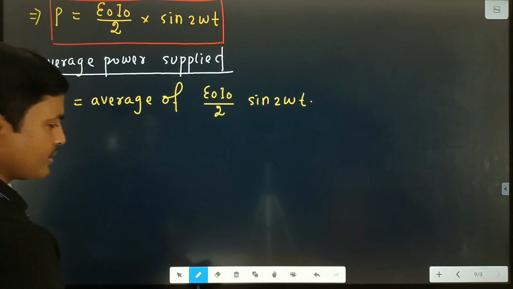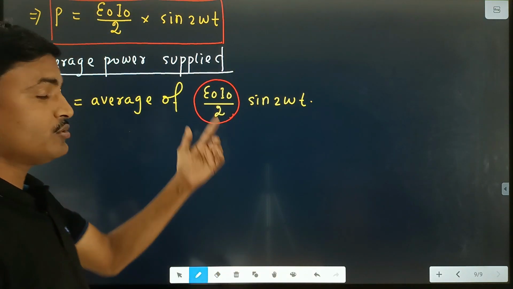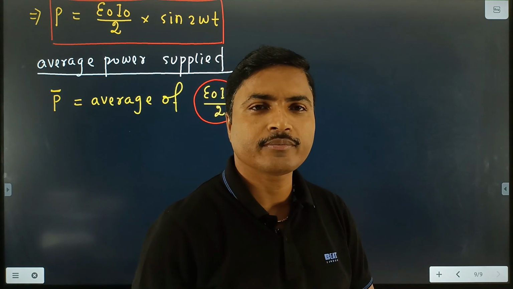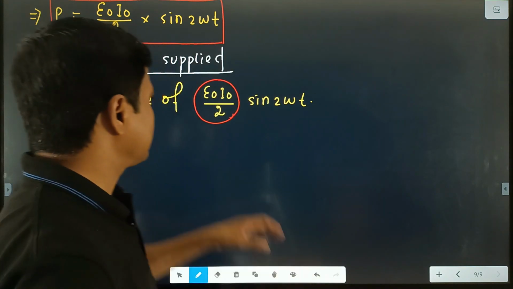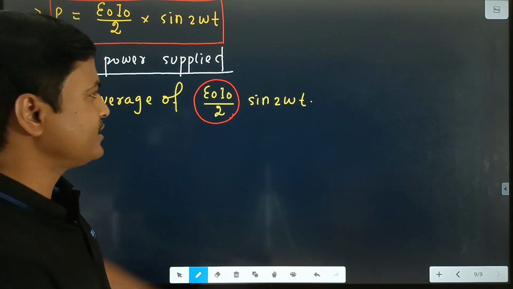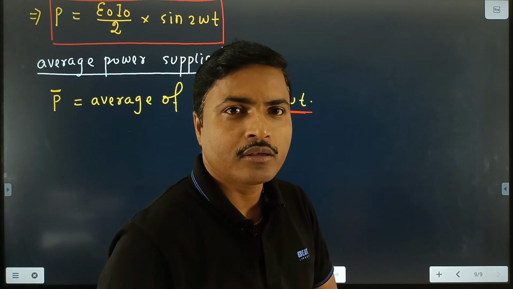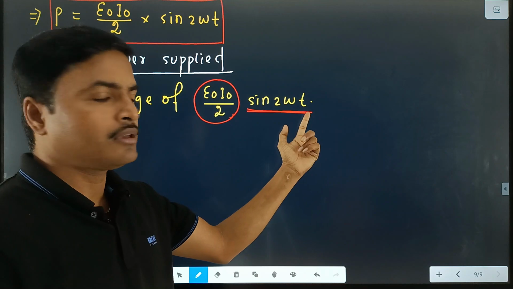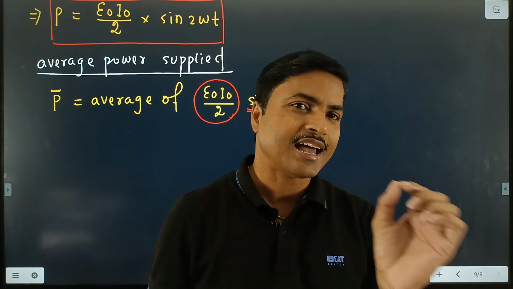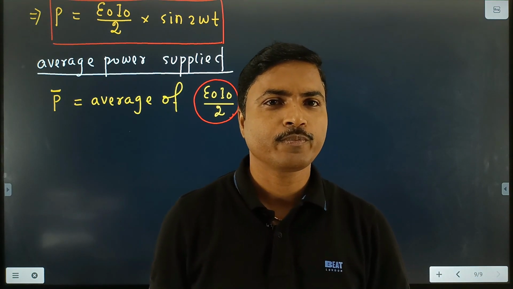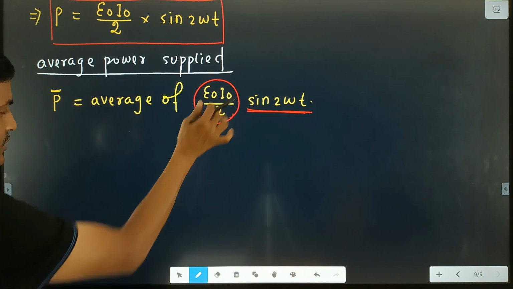Clear? In this equation, E0 I0 by 2 is constant, because E0 is the peak value of the voltage and I0 is the peak value of the current. So only we calculate the average value of sin 2 omega t, because sin 2 omega t is not a constant, it is a variable, because it depends upon the time. Its magnitude always depends upon the time. So we calculate the average value of sin 2 omega t, not this one.